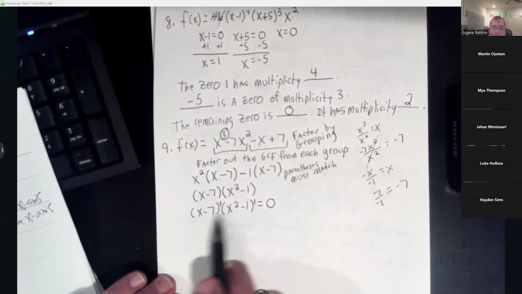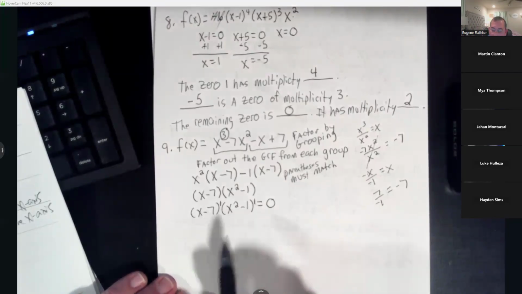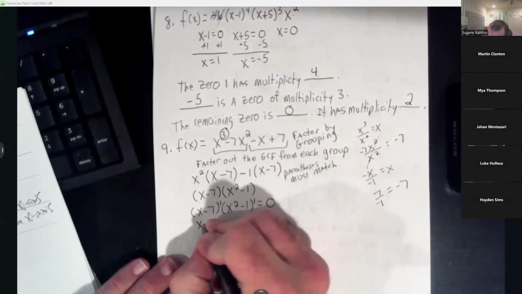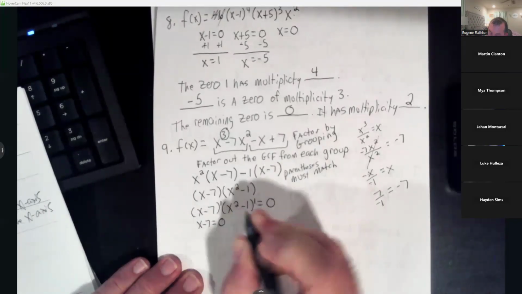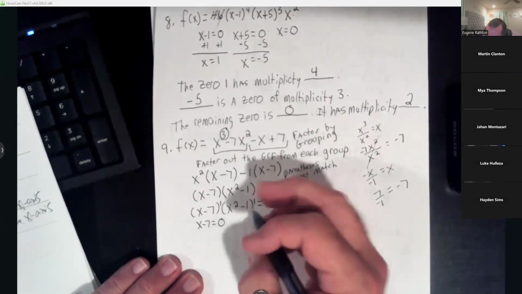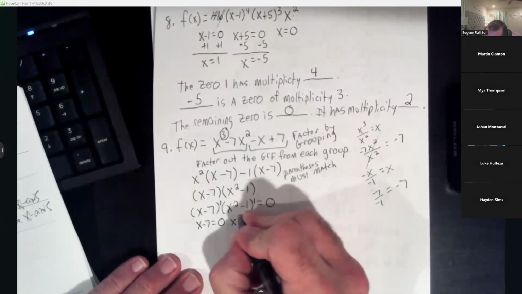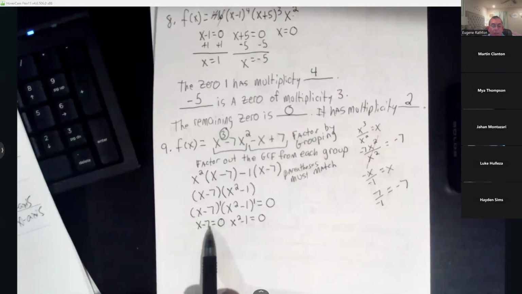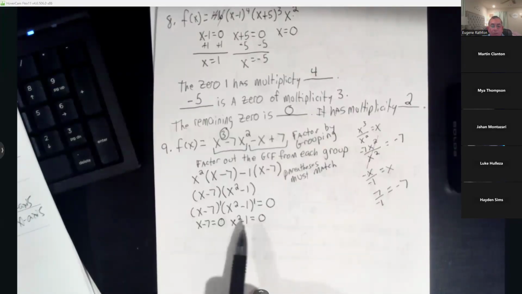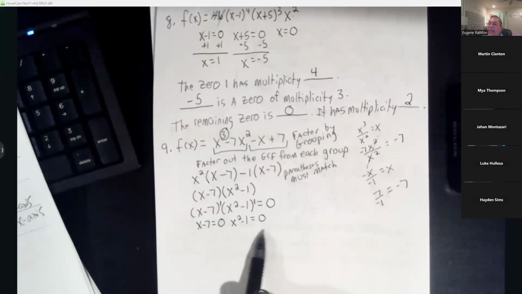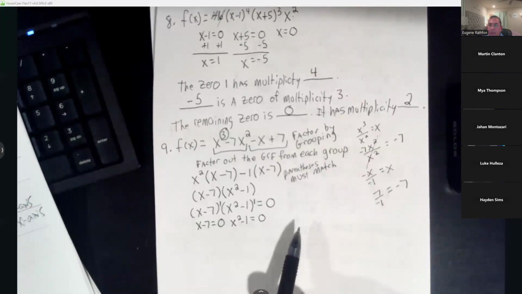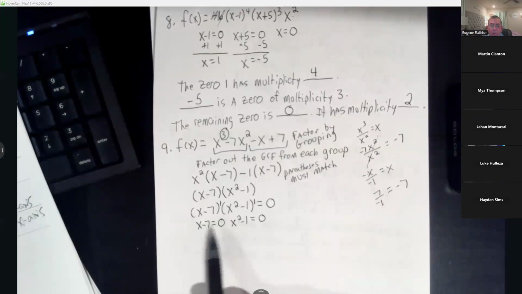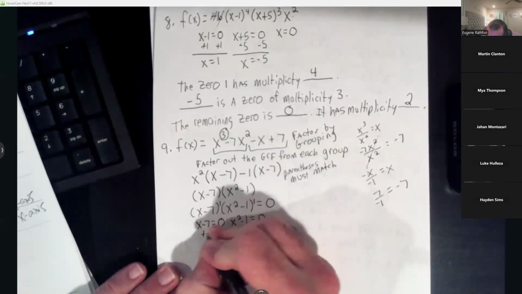Now, to find those zeros, we're going to set these factors equal to 0. So set x minus 7 equal to 0. And then you're going to set x squared minus 1 equal to 0. This one will give me one of my zeros. Since this one has an x squared, it'll give me my last two zeros. Okay? So to solve this one, we're going to add 7.